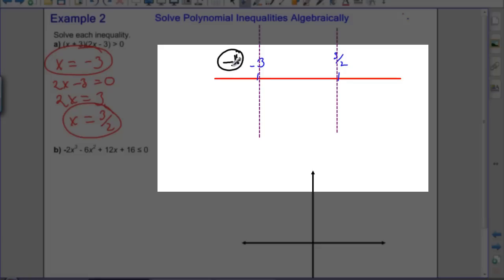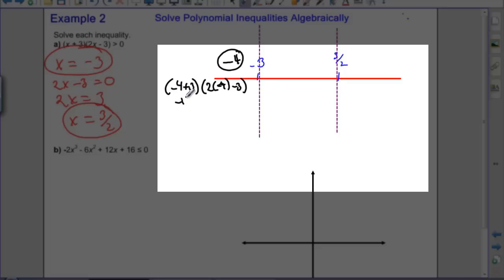And so what I do is I take a test point of -4 and I substitute it into the factored form. Now it's important that this is factored because it makes our math a little bit easier, as you'll see in a few minutes. So we plug in 2 times -4, subtract 3, and we simplify these.